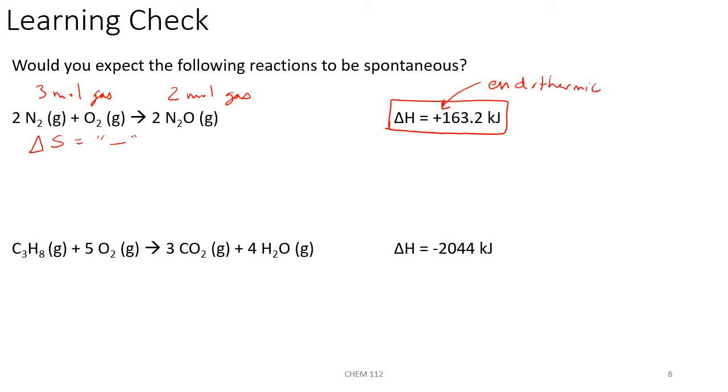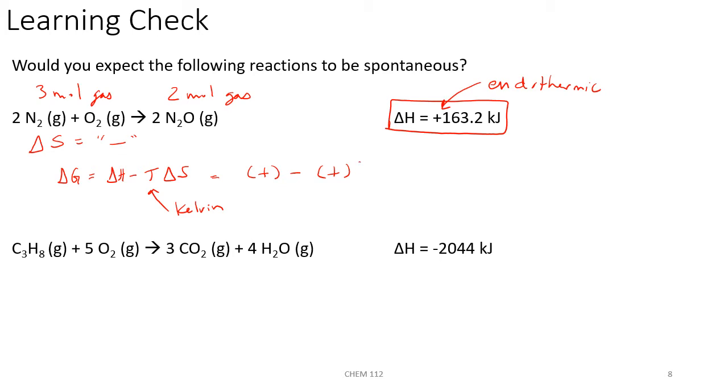If we were to take these signs and plug them into our Gibbs free energy equation, delta G equals delta H minus T delta S, we could see what we would end up getting for our sign on Gibbs free energy change. Delta H is a positive value minus our temperature, which is always going to be a positive value since it's in Kelvin. There are no negative Kelvin units.